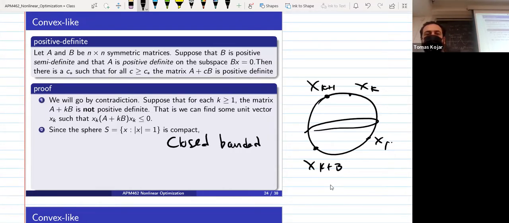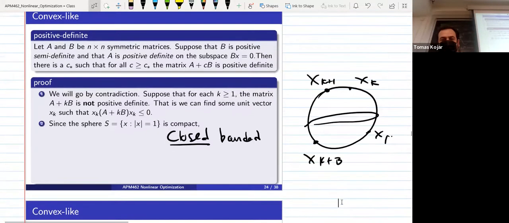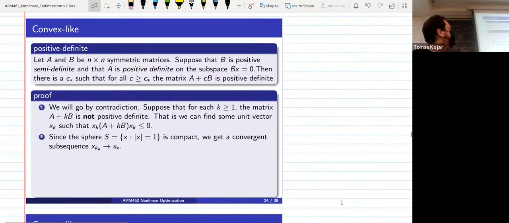Whenever you have an equal sign, it means it's closed. So if you take any limit, the limiting point satisfies it. Whoever likes topology. And then it's bounded because by definition, a sphere is contained in the ball, so it's bounded by 1. Compactness means that there is a subsequential limit.